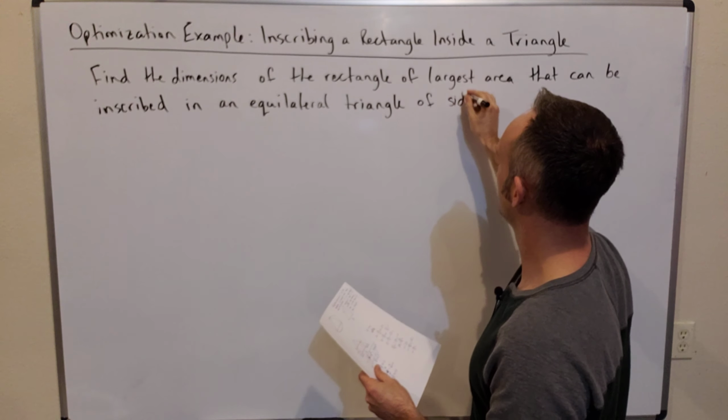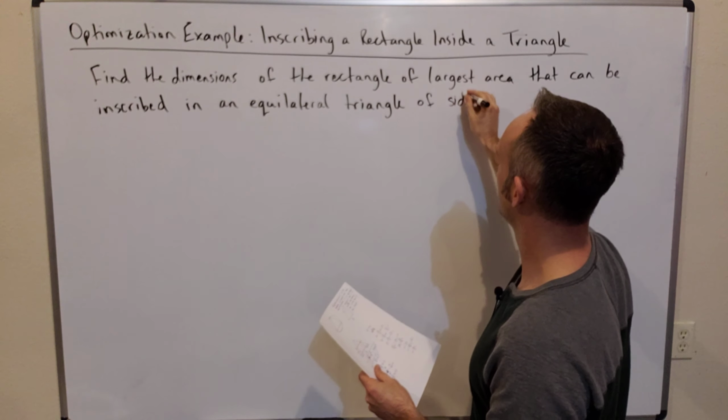Okay? So we need to put a rectangle inside the triangle so that one side of the rectangle lies on the base of the triangle. Okay, a lot of words there. Let's see if we can describe what's going on with a picture.